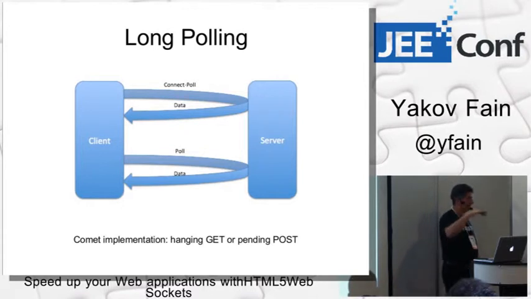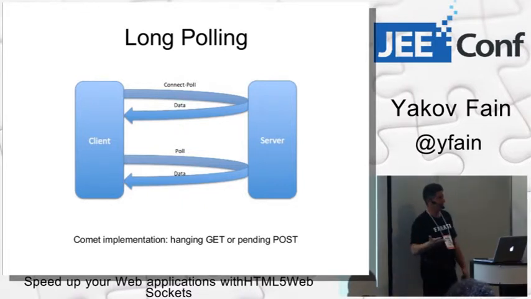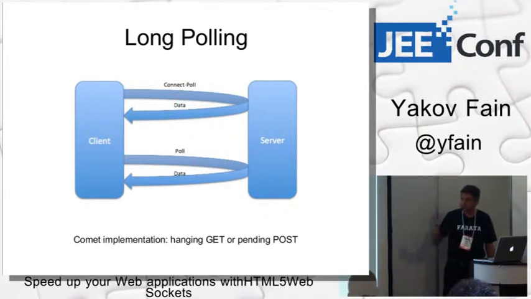Usually I use this example. Imagine a party on the 10th floor of the building. It's a 10-floor building. People are drinking, having a good time, and then someone, once in a while, wants to go for a smoke downstairs. So long polling is like imagine an elevator. The elevator is always waiting on the 10th floor until somebody wants to get a smoke. This guy goes downstairs, and then the elevator goes back again to the 10th floor and is waiting, right? So it's kind of a long poll.